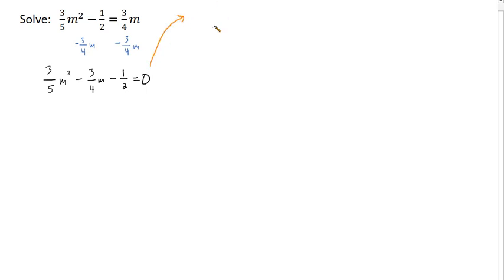I could, at this point, apply the quadratic formula with a equal to 3/5, b equal to negative 3/4, and c equal to negative 1/2.